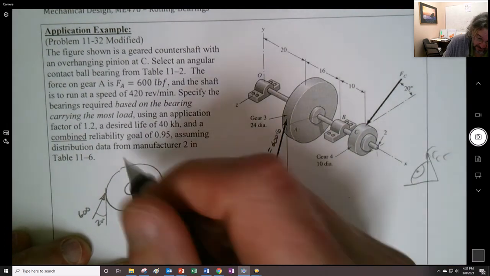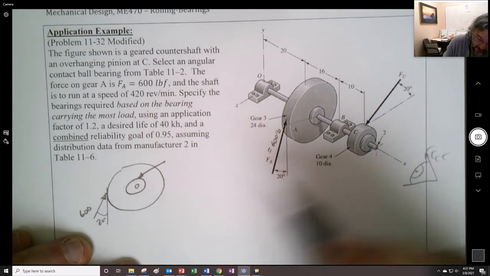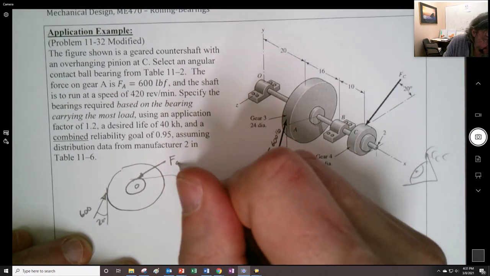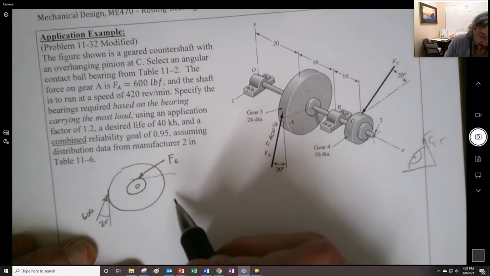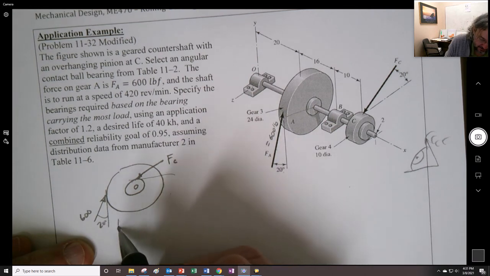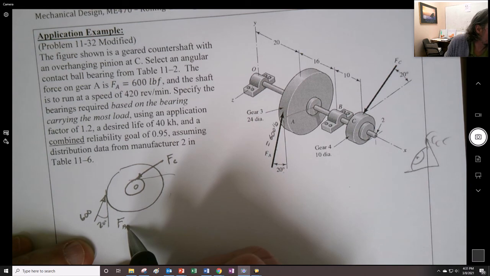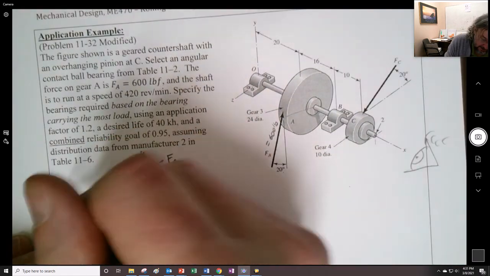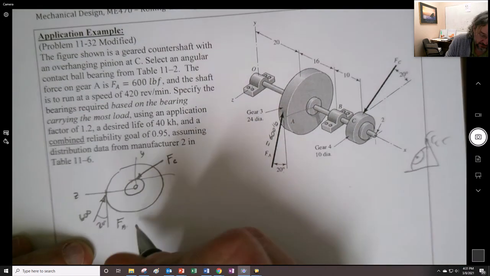And this guy is coming off right down there, and that's apparently 20 degrees as well. So that's going to be our FC. And by the way, I'm going to make sure that I get this right. This is the Y, and this is the Z direction.